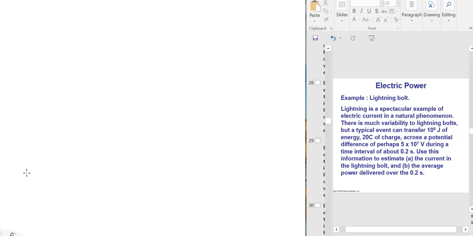During a time interval of about 0.2 seconds, in a fraction of a second, this much energy, this many charges can be delivered. Use this information to estimate the current in the lightning bolt, the average power delivered over 0.2 seconds.